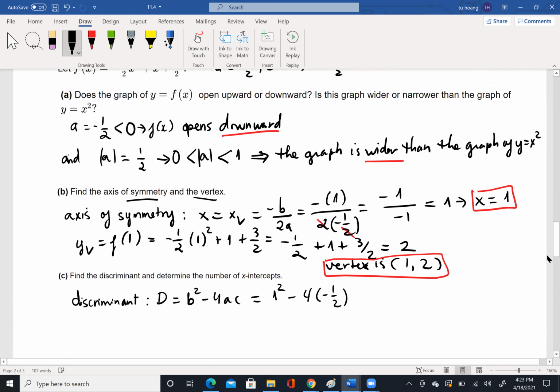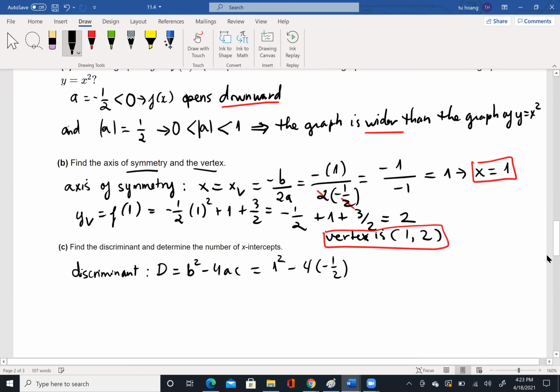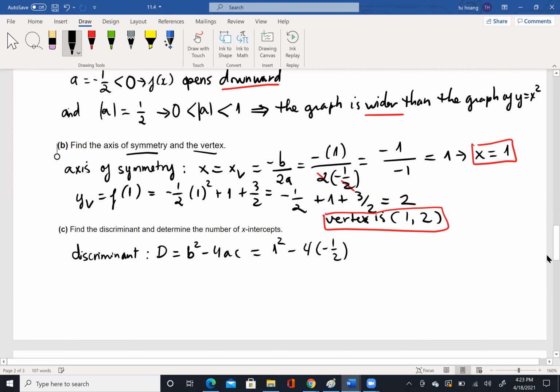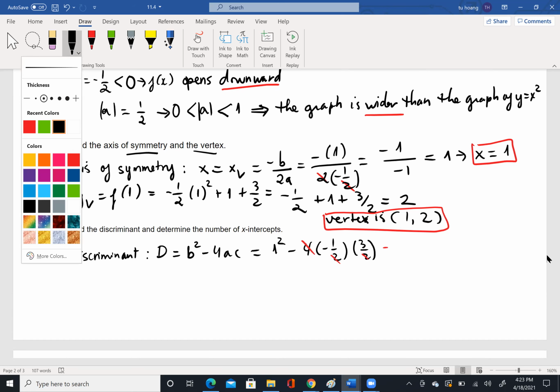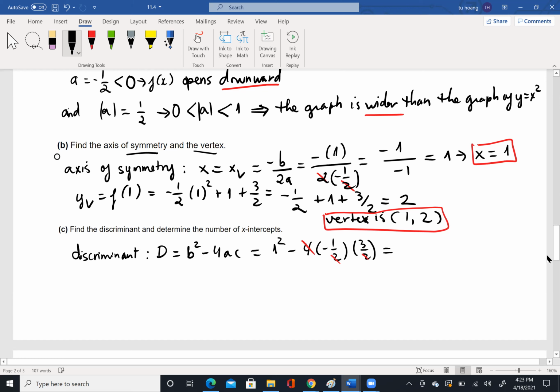I forgot. 3/2. So the 4 can be cancelled with the 2, and negative times negative 1 becomes 1, plus 1 times 3 is 3. That gives me 4, and this number 4 is greater than 0.